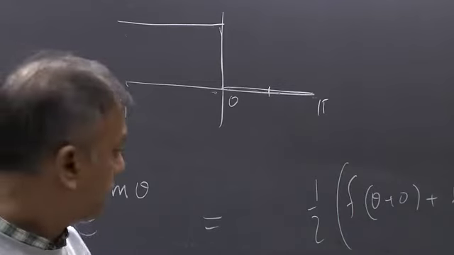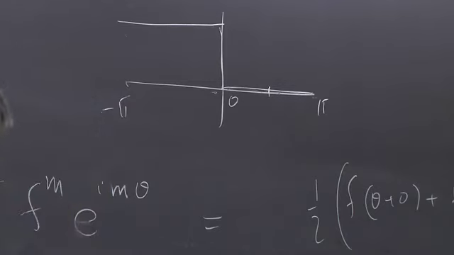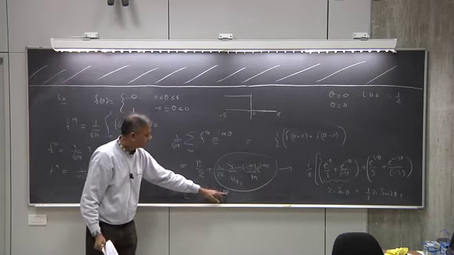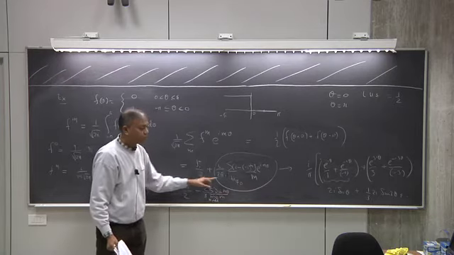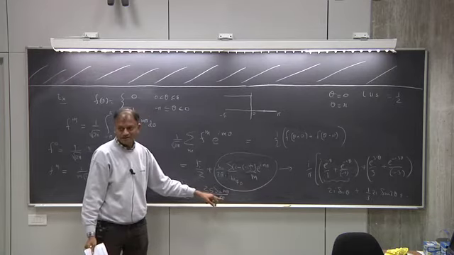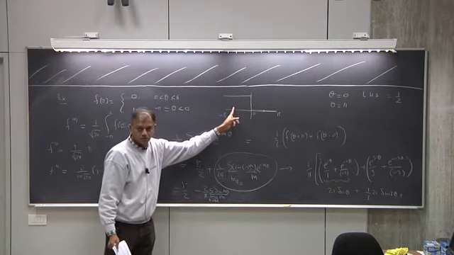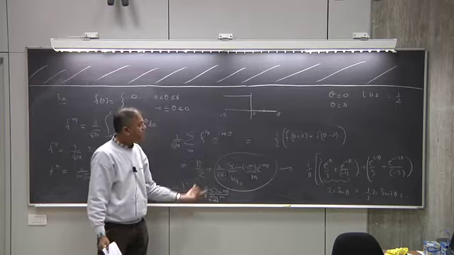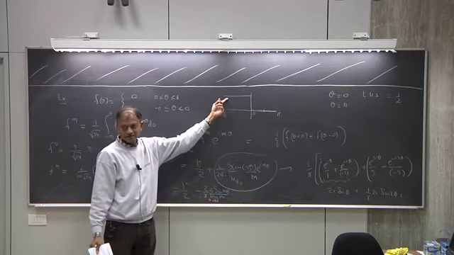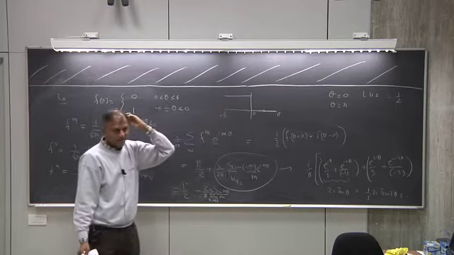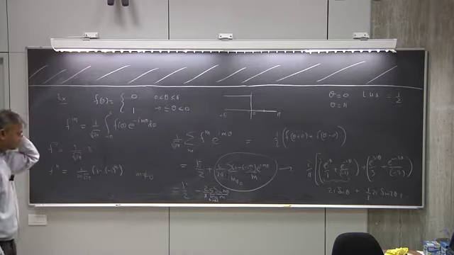So this whole expression for theta positive must just give you 0. Whereas for theta negative, some point between minus pi and 0, the answer should be 1. So how can one prove that?